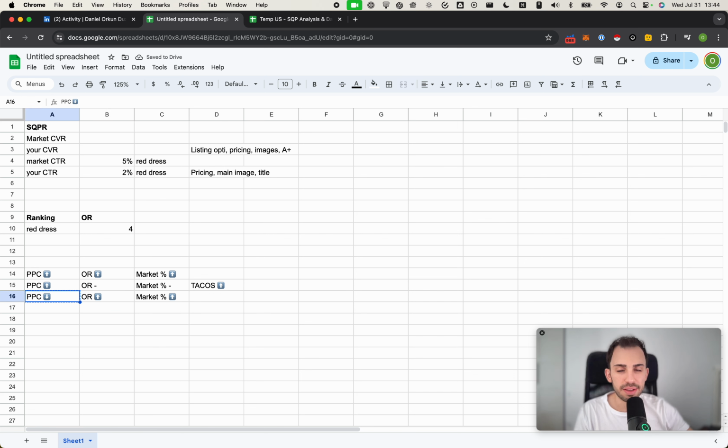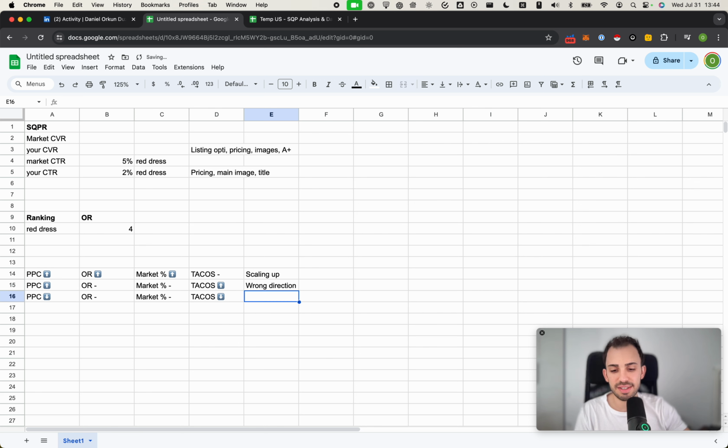By decreasing my PPC, I want my organic rank to stay stable, I want my market share to stay stable, and I actually want my TACOS to go down. This is how I get more efficient. So the first is scaling up, going in the wrong direction.